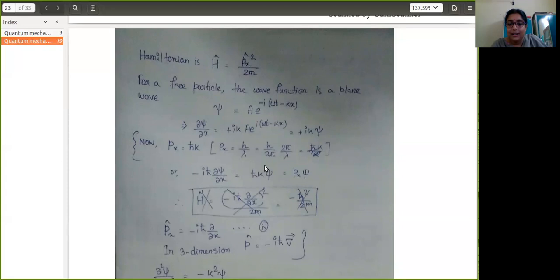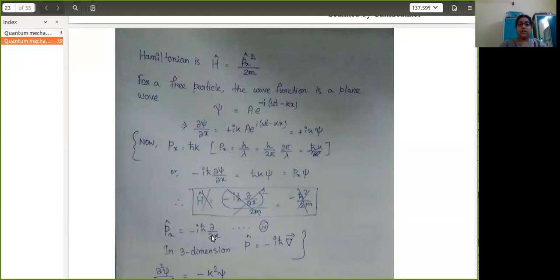So we can write minus i h cut del del x to be the momentum operator along the x-axis. So px will be denoted by minus i h cut del del x.